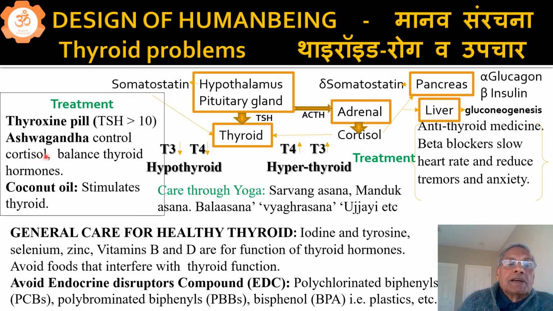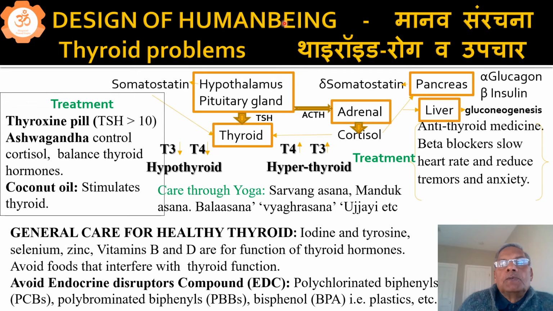So, if we take ashwagandha, the best way is the combination of ashwagandha and coconut oil. If we take that, then thyroid problem can be reduced. How? Because coconut oil naturally stimulates thyroid.